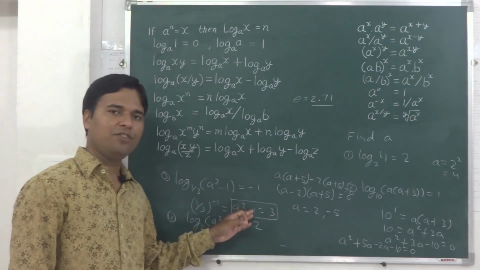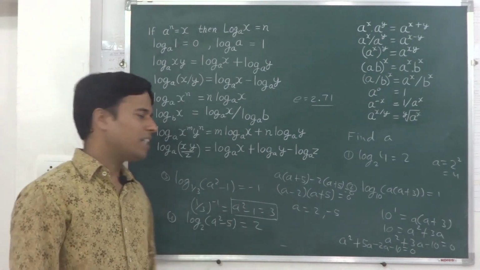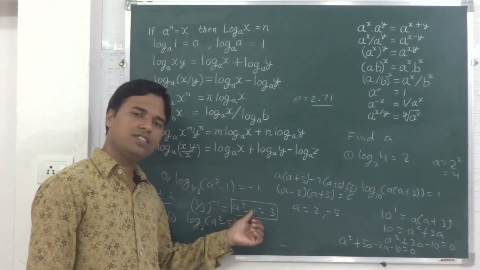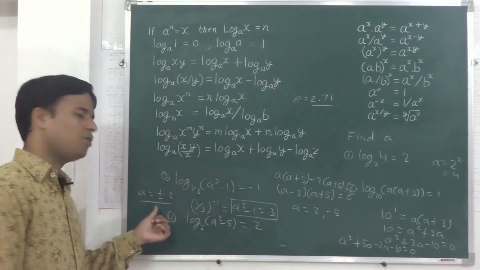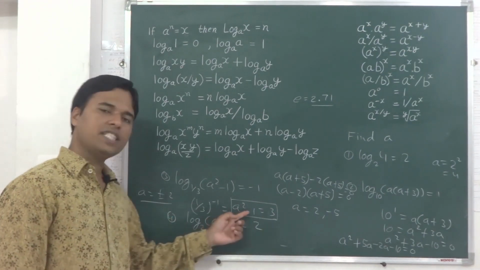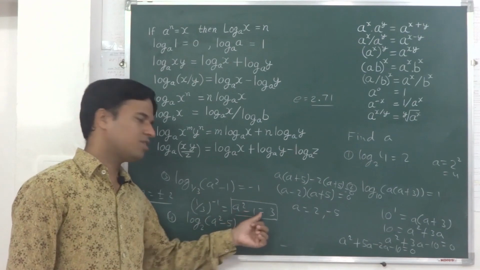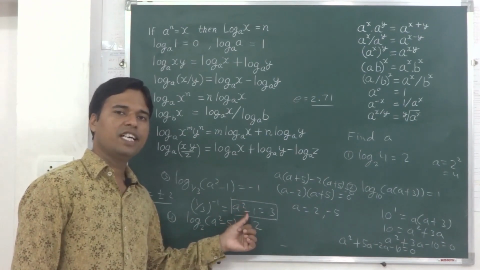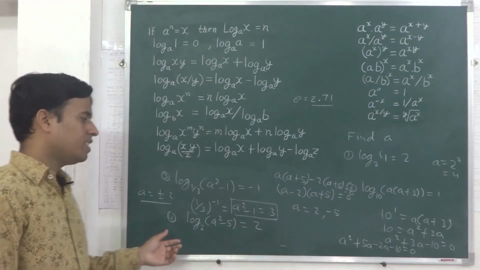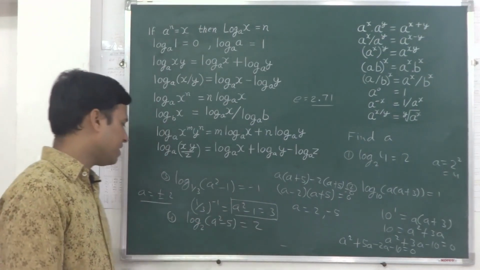Put here a value equal to plus or minus 2. That will satisfy this equation. So a value is equal to plus or minus 2. Because it is a quadratic equation, it must have 2 roots. They may be equal with each other.